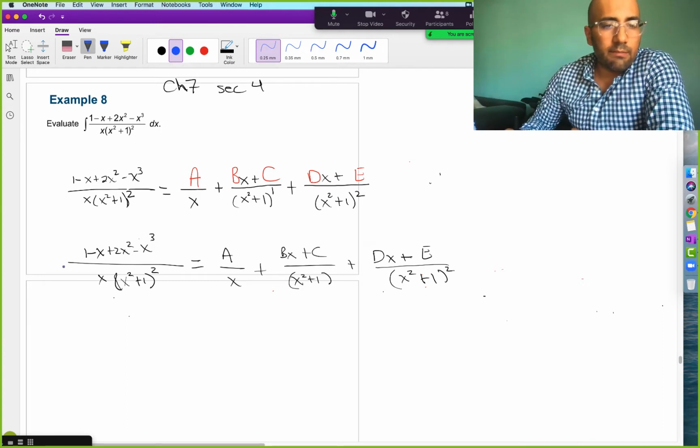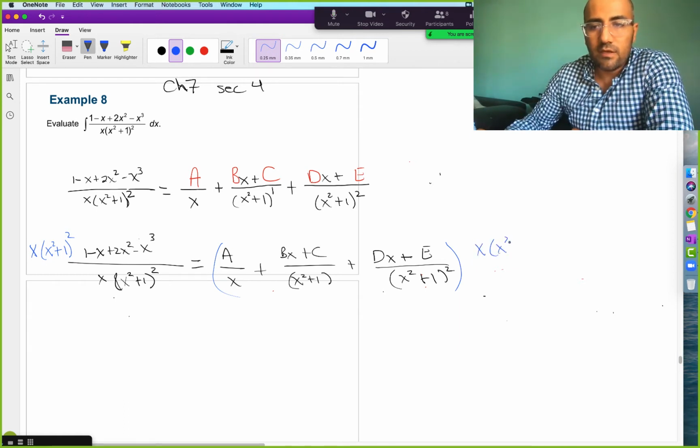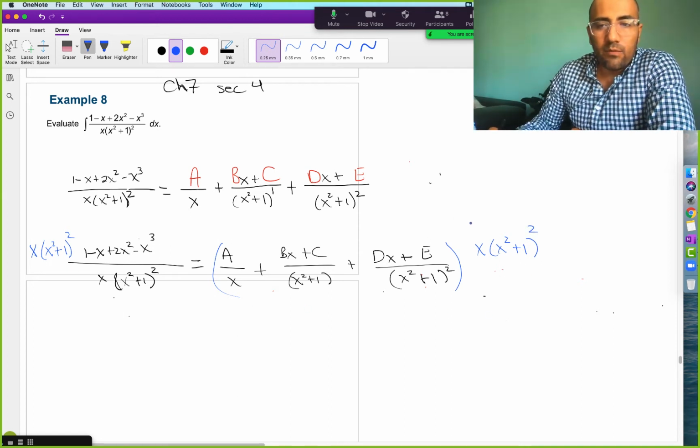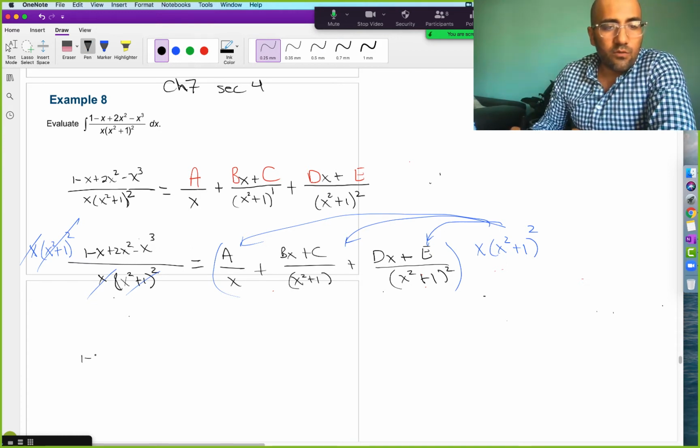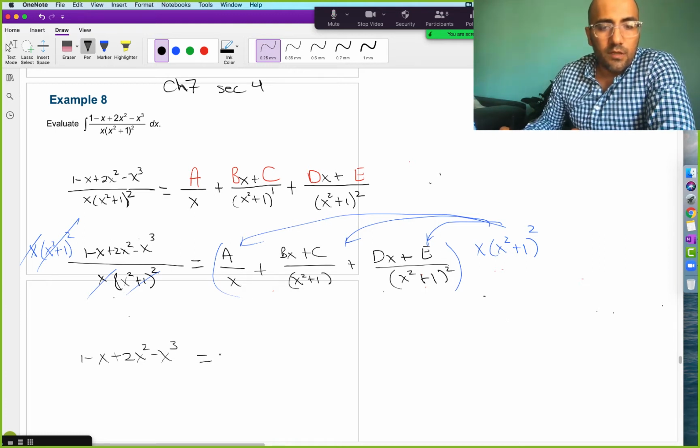Okay, so I'm going to multiply both sides of the equal sign by the denominator, x times (x squared plus 1) squared, and then on this side multiply everything by x times (x squared plus 1) squared. Then when I distribute, multiply there, multiply by there, multiply by there. On the left-hand side, everything cancels, giving me just the 1 minus x plus 2x squared minus x cubed equals 2.